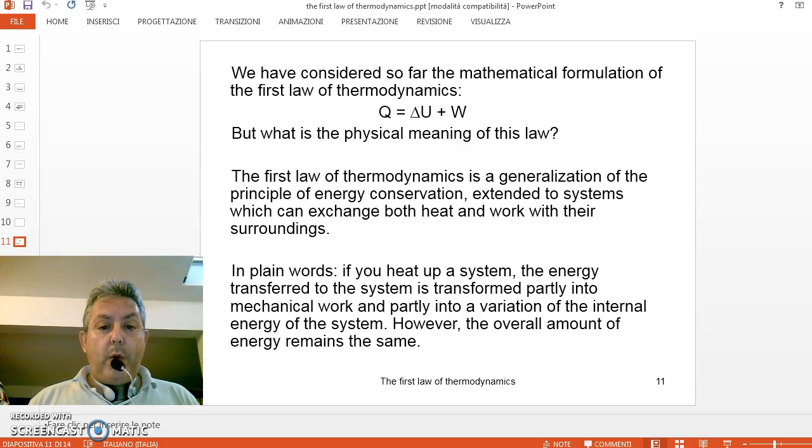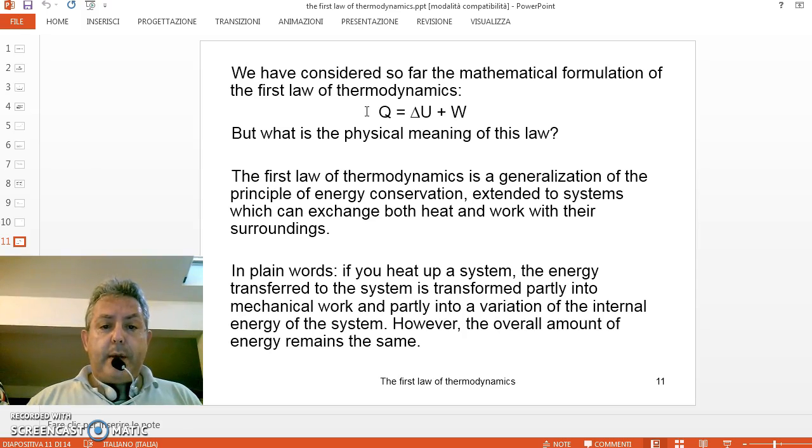Let's take one more look now at the formula that you can see here, and let's try to understand it from a physical point of view. If I give some heat to my system, that is some energy, this energy can't be destroyed, and in fact when I heat up my system I will find again the same overall amount of energy, but split in two parts.